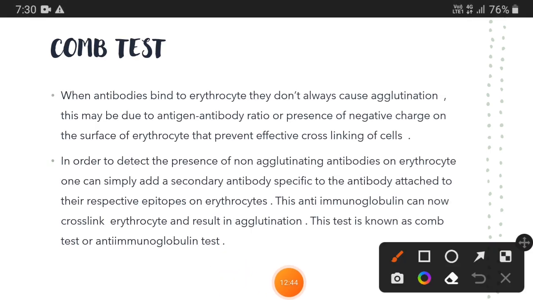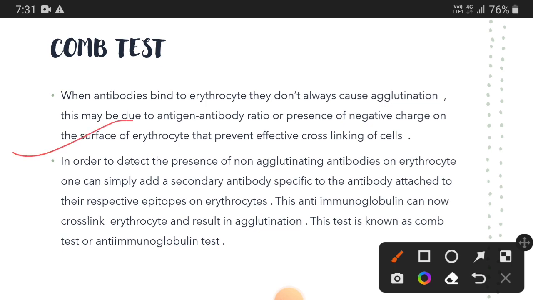Now let's discuss what we should do when we face those kinds of situations, right? For example, in antibody excess condition such as Prozone effect, in antigen excess condition such as post-zone effect, or when our antigen has a net charge on its surface which facilitates the formation of zeta potential, and as a result cross-linking of that cell is not occurring.